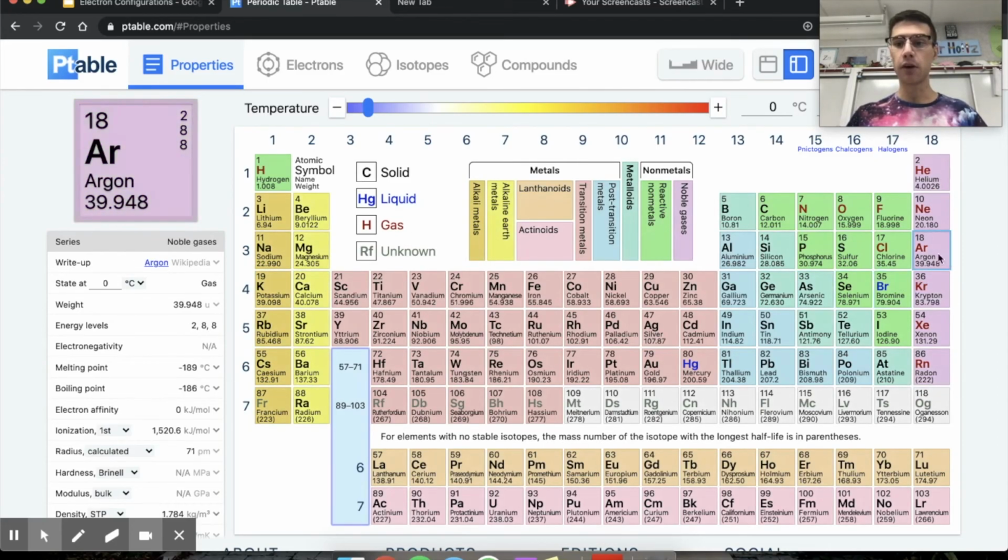So as we go from argon to potassium and we gain an extra electron, that electron represents 1 spot in the 4th energy level in the S block, okay? So we would call this section the 4S subshell because it's in the 4th energy level in the S block on the periodic table, okay?